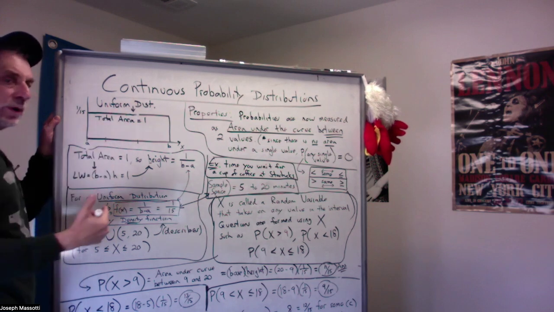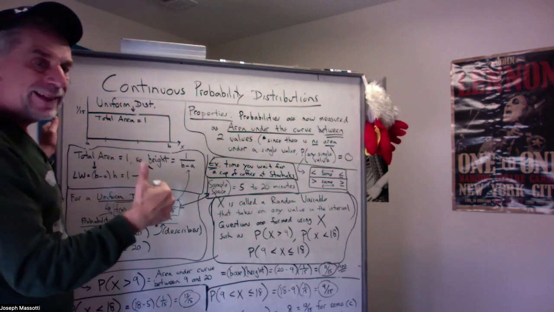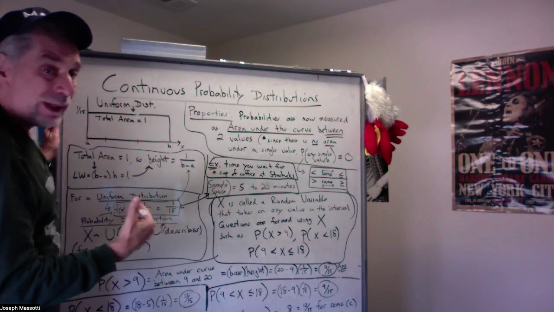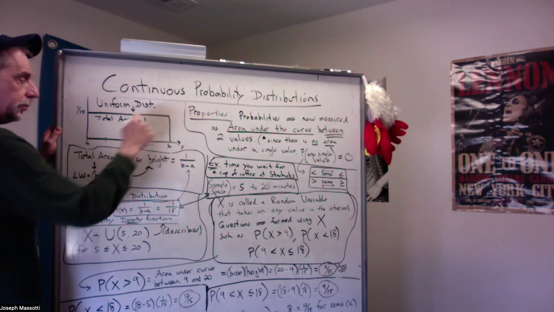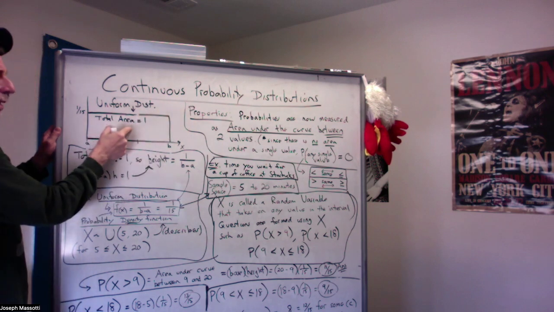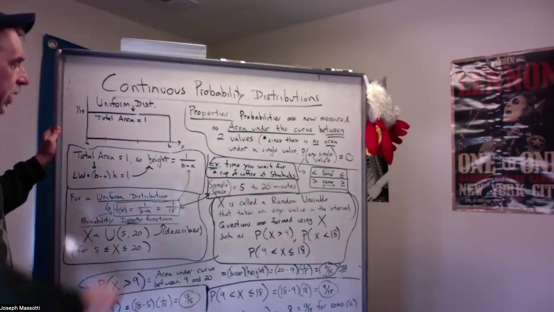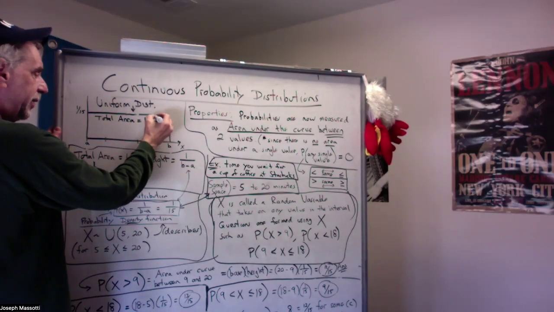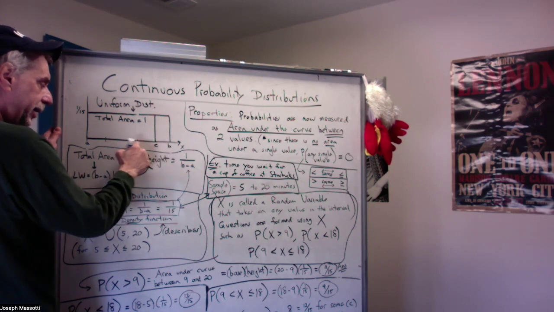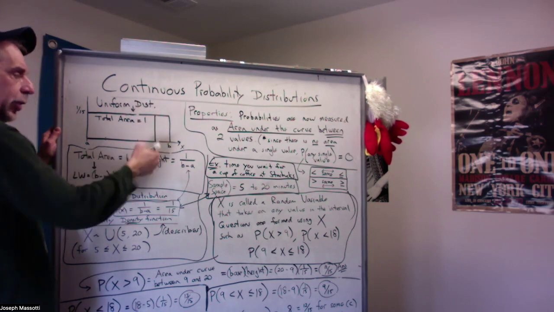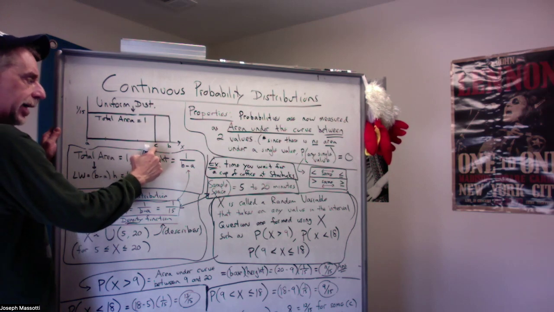The uniform distribution means that all the outcomes are equally likely, and that's why we get a straight line when we look at it. Notice that if we take one single value, let's call it C, there is no area under it.